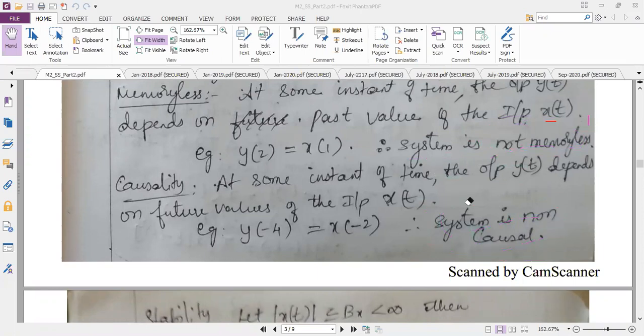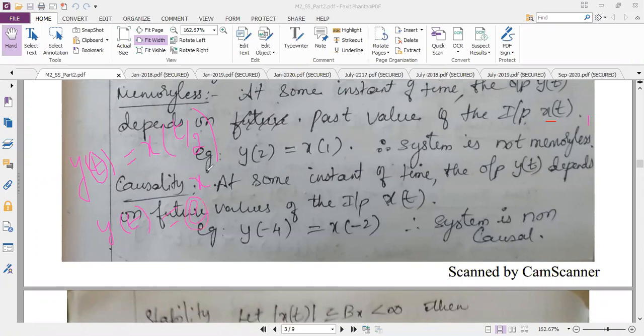So how to analyze it? Listen, when your output y of t is directly related to x, the function x, then before coming to the conclusion of memoryless and causal, we should try to substitute some values, like how we have done in the earlier class. If your output is not directly equal to x, if it is in terms of e power x, something, I don't know what will be the value of e.